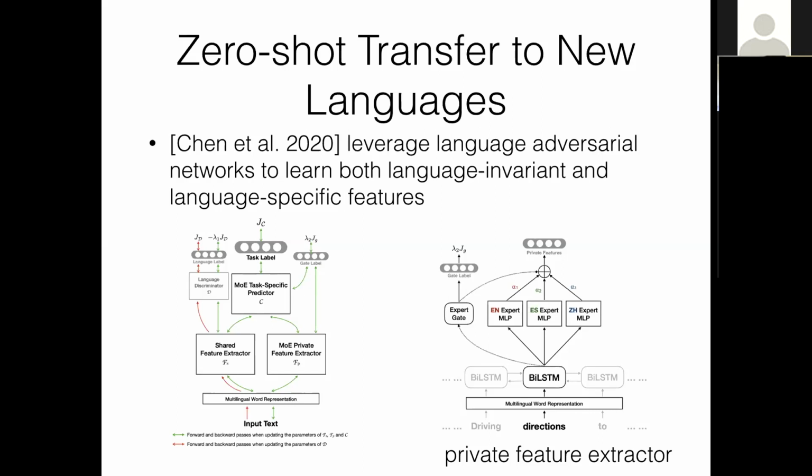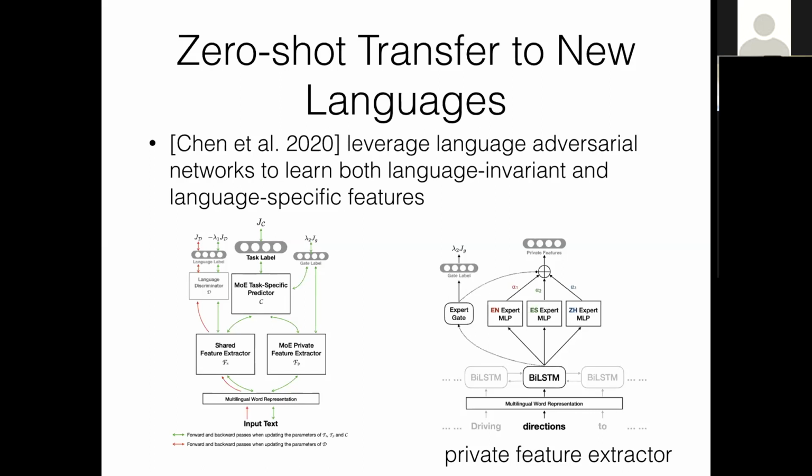The shared feature extractor is forced to learn language-invariant representations by training an adversarial network, where you have the language discriminator D. F_S is trying to fool the discriminator D in finding out what language the sentence comes from. By forcing F_S to do that, you learn language-invariant features.